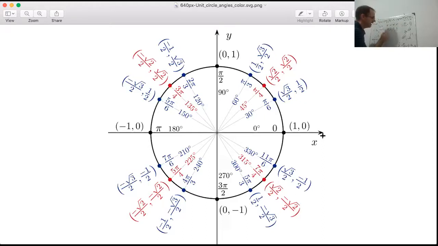So your fractions with 2 as your denominator, fractions with 3 as your denominator, fractions with 4, and fractions with 6. If you're good at fractions, and you can just count your way around the circle, then you can figure out all of these exact values for radians.